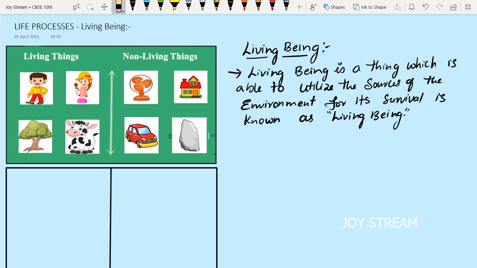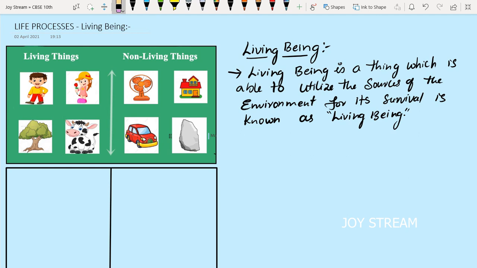Can you differentiate what is a living being and what is a non-living being? Yes, we can. Living things have certain similarities: they can move, they can breathe, they can grow, and so on. Non-living things, when compared to living things, cannot do what living things can do.